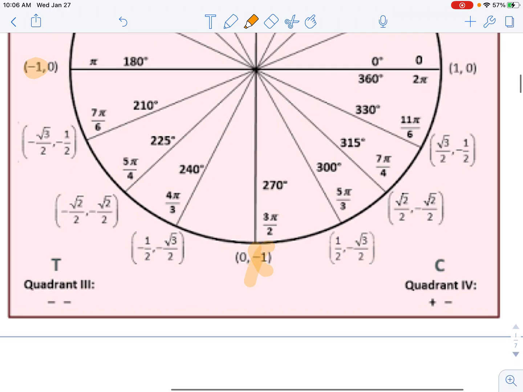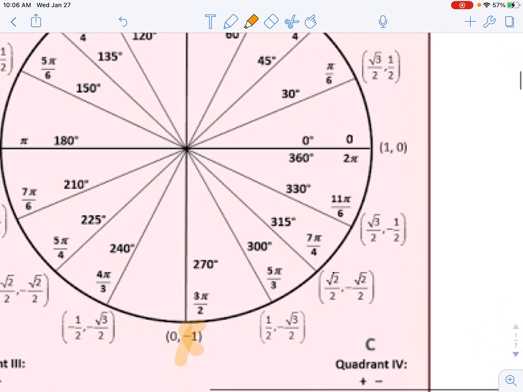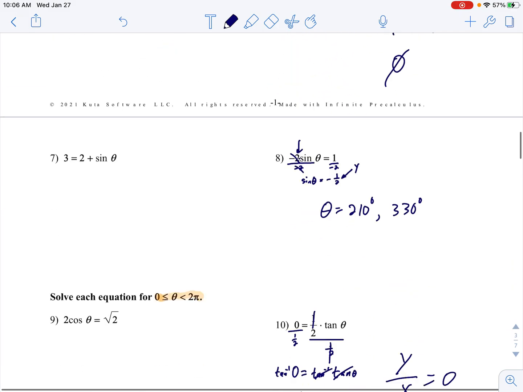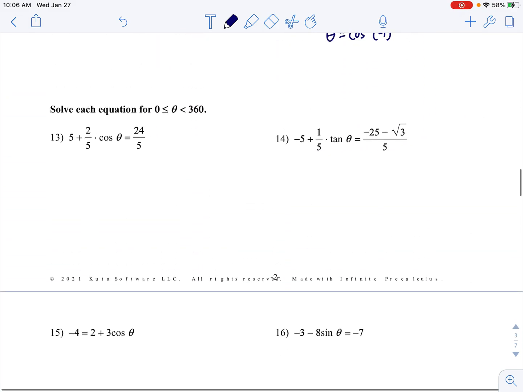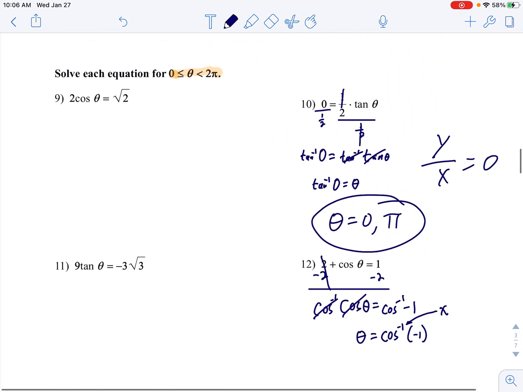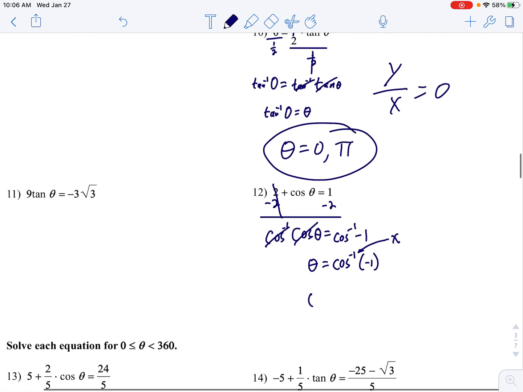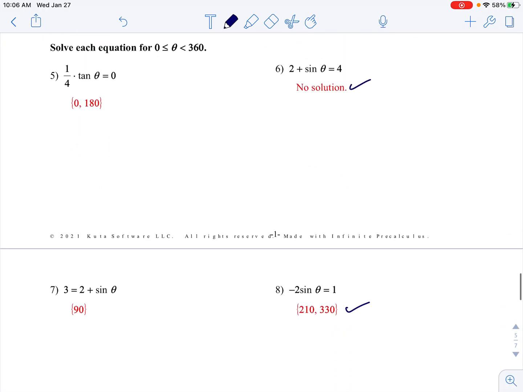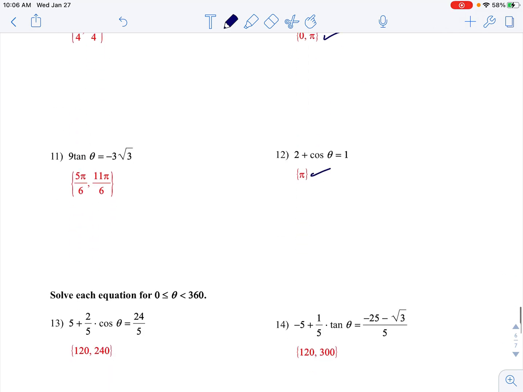That's a y value, that doesn't count. That's the only angle, so it's got to be pi, or 180, depending on whether the question is in degrees or radians. Nope, we're on this problem, still radians. So theta equals pi. That should be the answer to number 12. And there it is, pi.